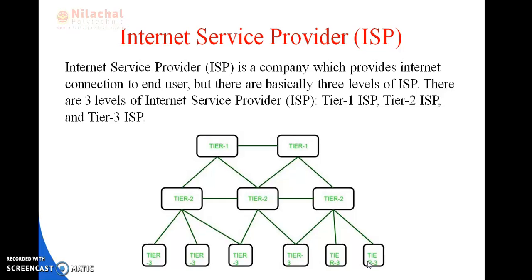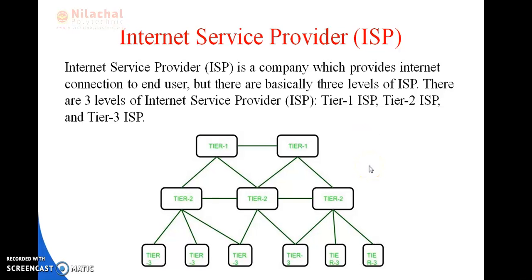So this diagram is about the ISP, Internet Service Provider hierarchy. This is the hierarchical tree, and depending upon this diagram, we are getting the internet from our ISPs. This is all about the ISP, and we go to the next slide.